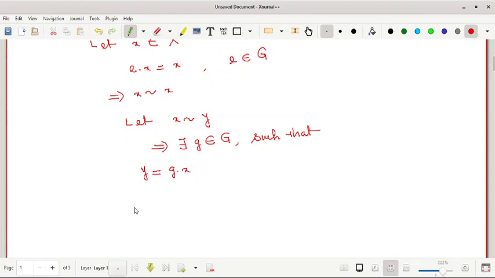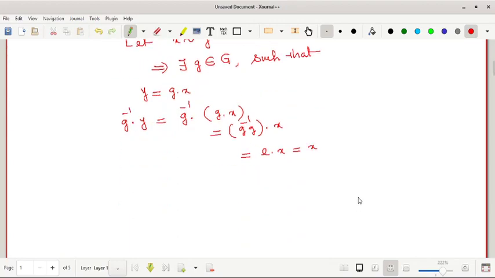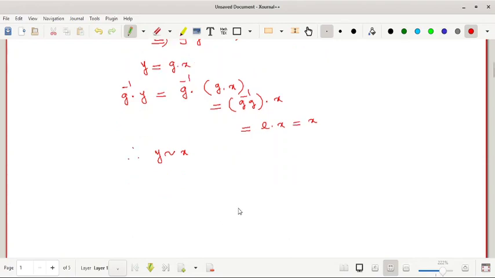Then what happens to g inverse dot y? g inverse dot y is g inverse dot (g dot x). Now this dot is an action, so this is nothing but (g inverse g) dot x. g inverse g is identity, so identity dot x is equal to x. So it proves y is related to x, and so this relation is symmetric.